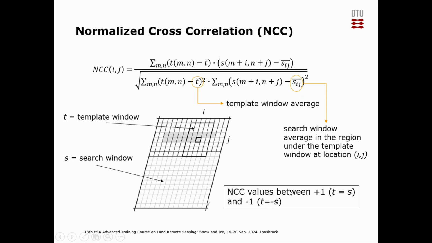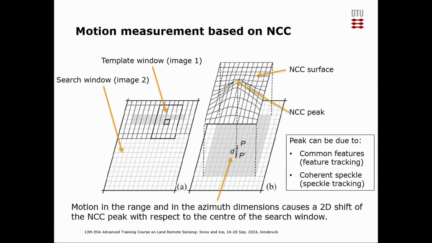So when we have a normalized cross-correlation of +1, it means that we found a match, strongly correlated. When it's -1, it is strongly anti-correlated, not good. So conceptually, we take a template in image 1 and search for it in the search window, when we have a match, we will get a peak in this normalized correlation.